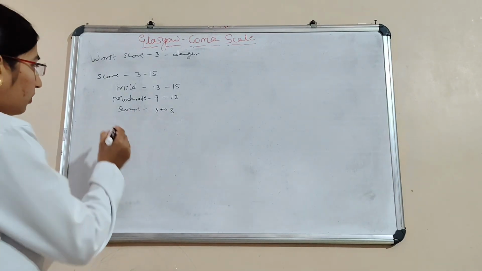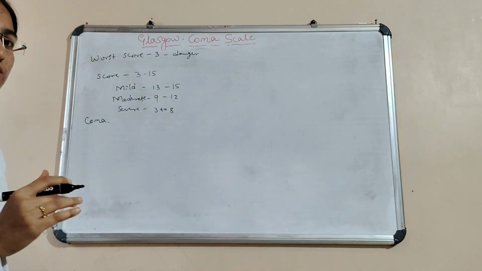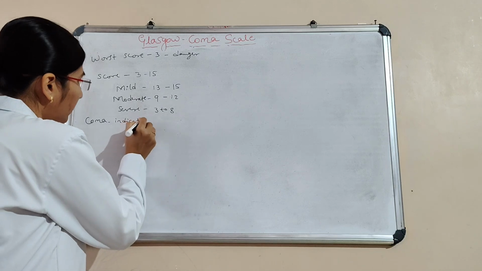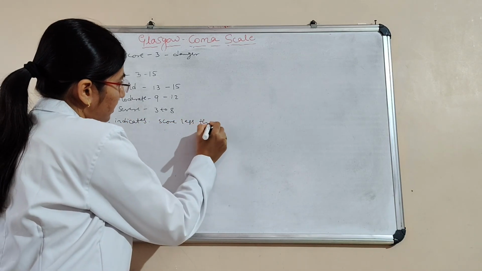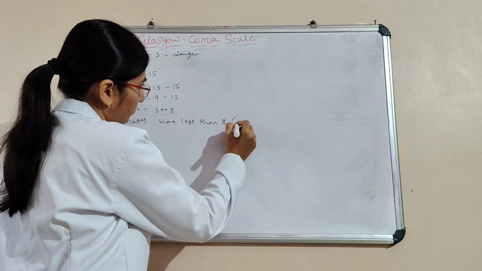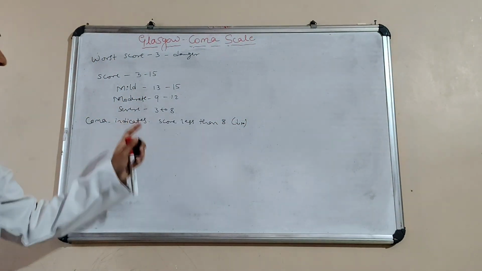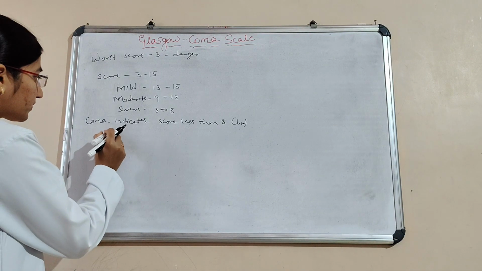This comma indicates that score, a score less than 8, indicates coma. Here we'll see the limitations.